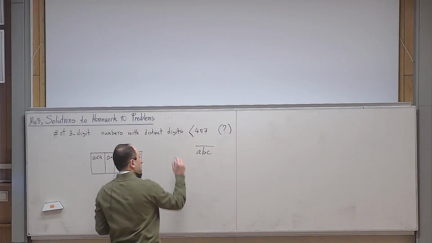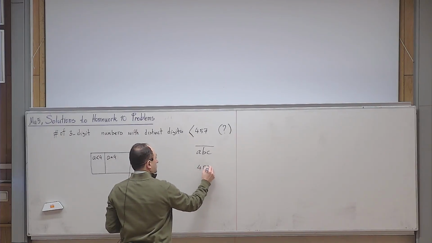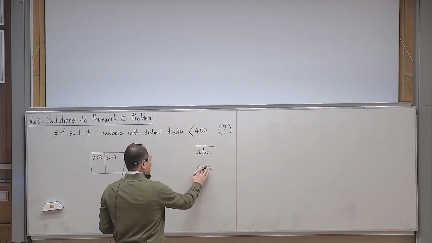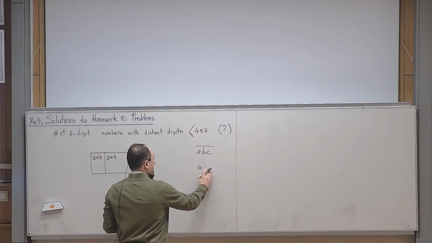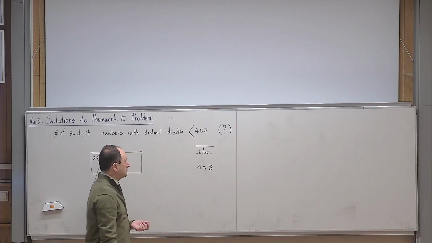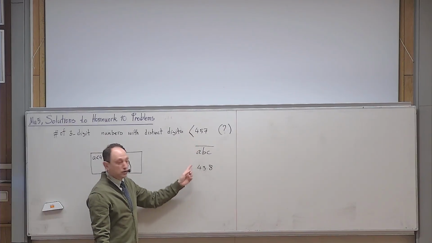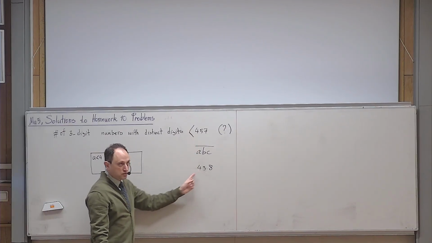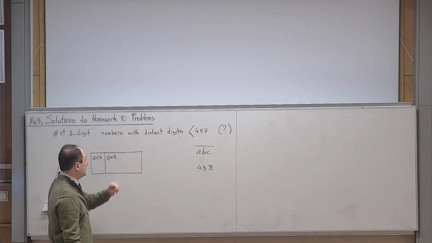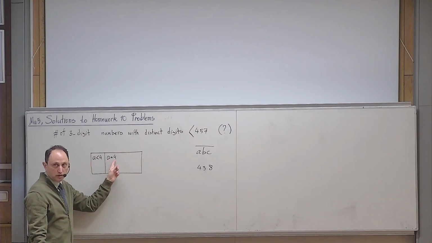For example, 452, or let me write it like this, 4, 0, 8, and then this one, for example, 3. Yes? This number is still smaller than that one, even though it starts with a 4. So some of those numbers that I am looking for really start with a 4, okay?